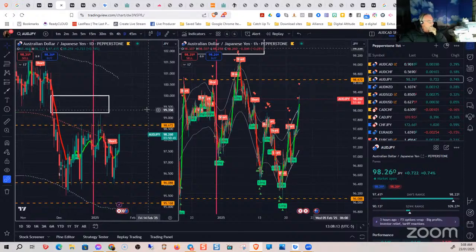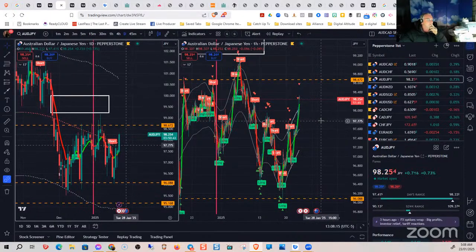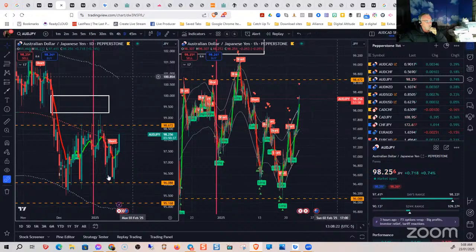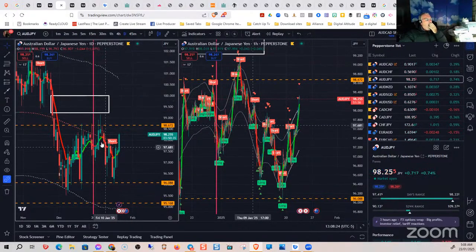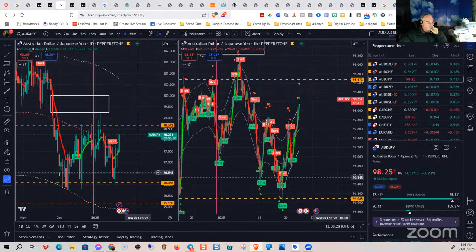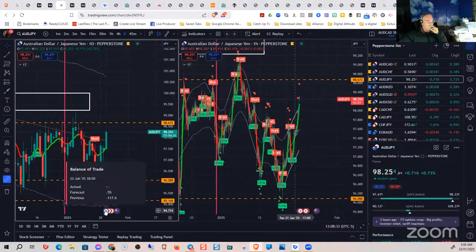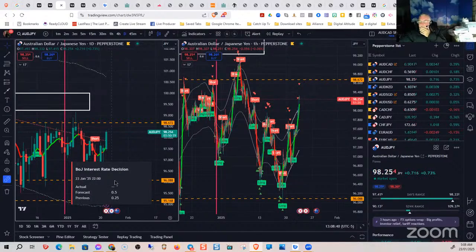So yeah, AUD JPY, it just depends. It's around that sort of danger zone in the middle of the X48. And there is news. There's Japanese news coming, inflation rate, and also a rate decision. This is, I think, tomorrow for you, the 23rd.